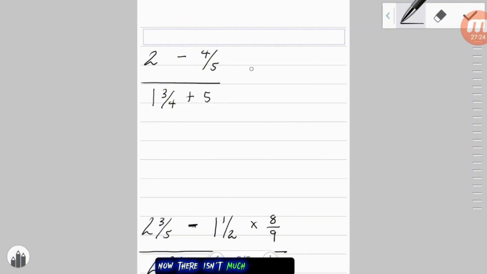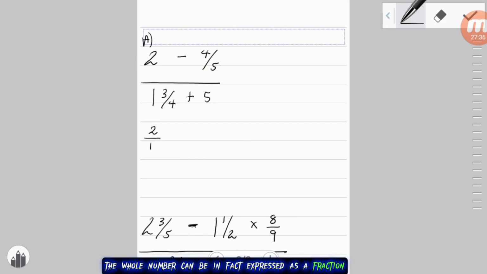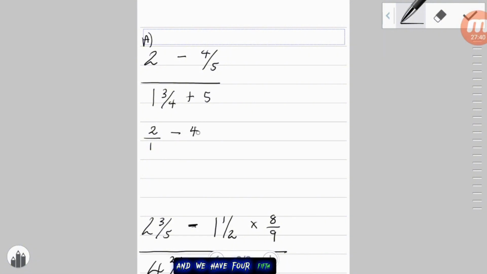Now there isn't much conversion. Let's just go right ahead and attack the problem at the top, because there isn't much to do at the top. Be reminded that whenever you see a whole number, the whole number can in fact be expressed as a fraction, with its denominator being 1, and we have 4/5. So we can get right to the problem here by simply going ahead and finding our LCM.